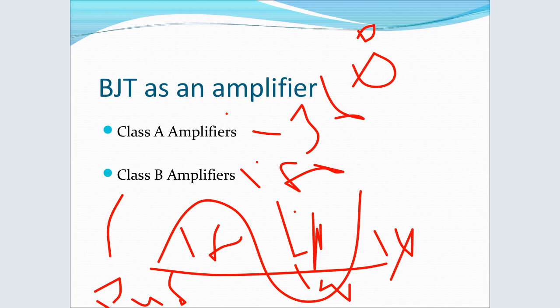What I want you to go and do is study how a BJT is used as an amplifier and how it is used as a switch, and identify the common application areas.